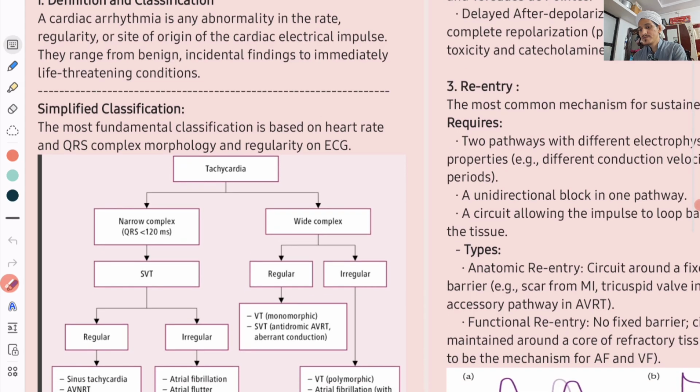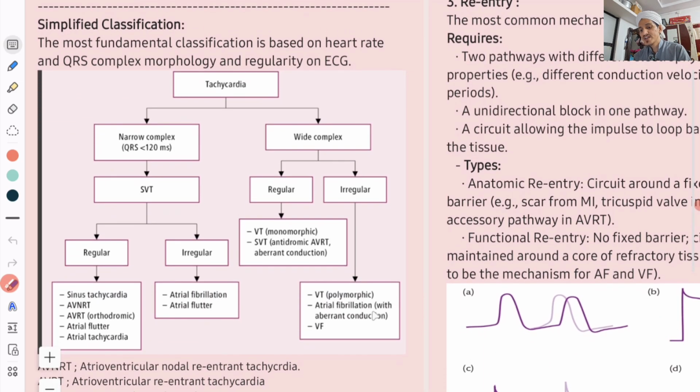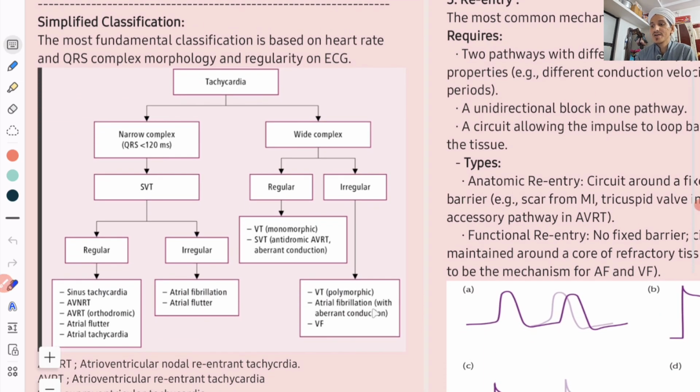This is the most simplified classification of cardiac arrhythmias based upon the rate, QRS complex width, and regularity on ECG. Very simple to remember, very simple to approach any case of arrhythmia. First, you see whether there is tachycardia or bradycardia. What is the heart rate?